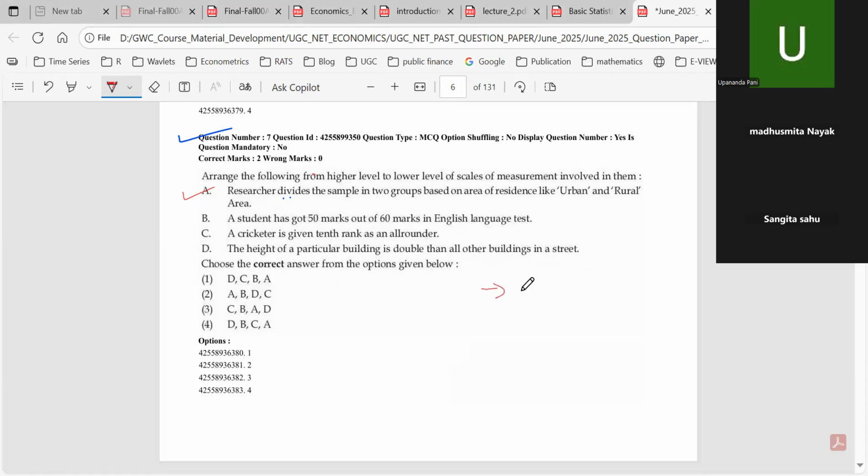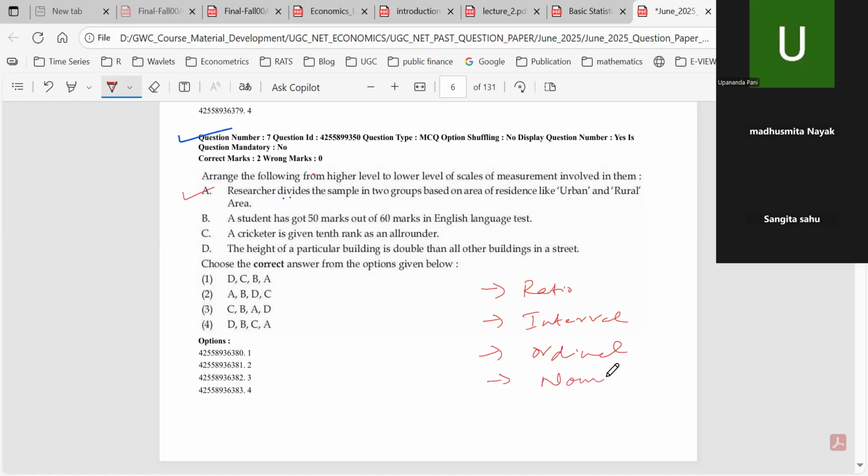One is ratio, then interval, then ordinal, then nominal.